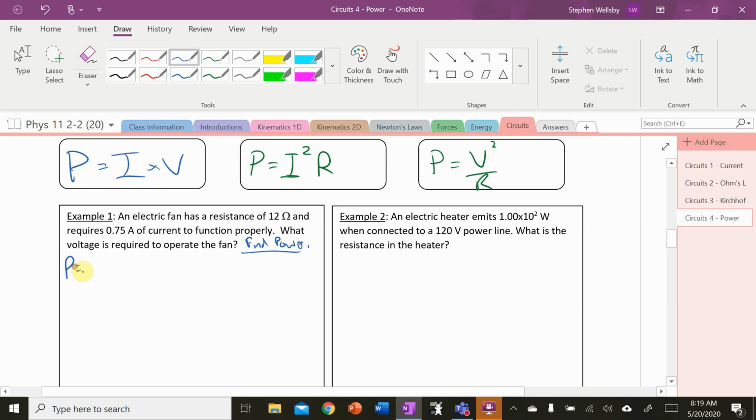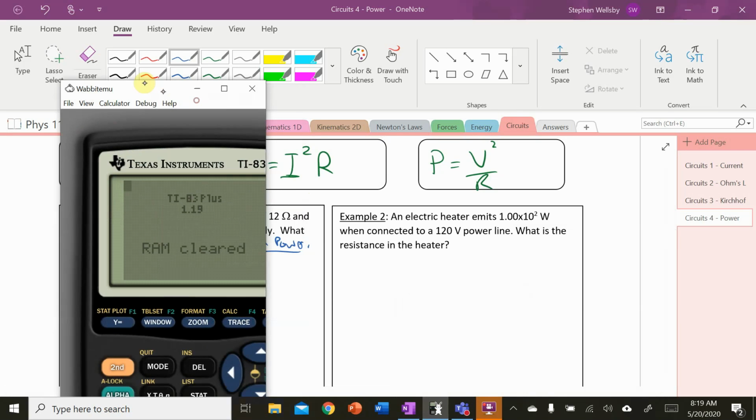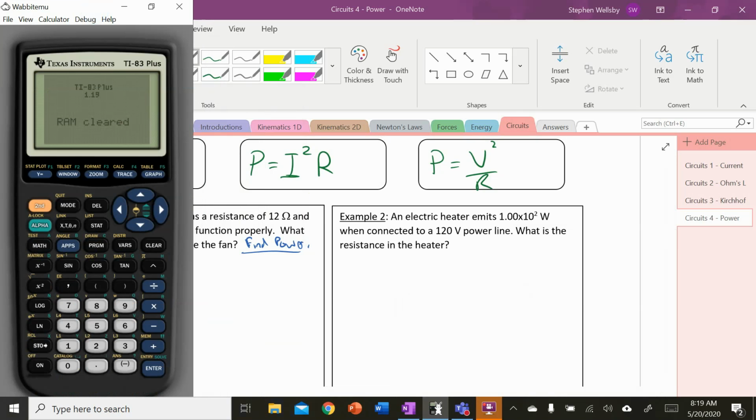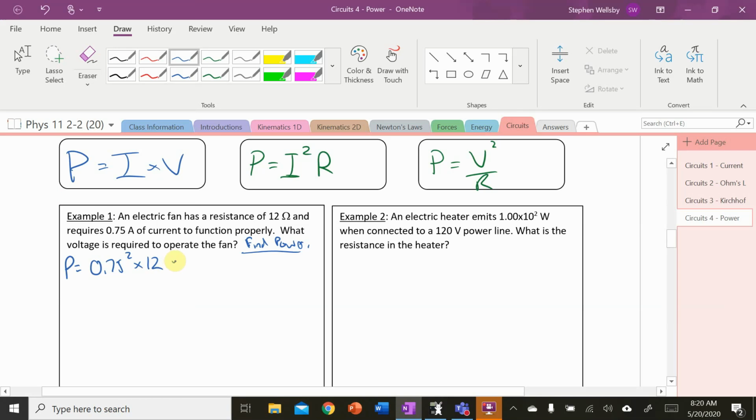P equals I squared, so 0.75 squared, multiplied by R, which is 12. 0.75 squared times 12 gives us 6.75. So the answer is 6.75 watts.